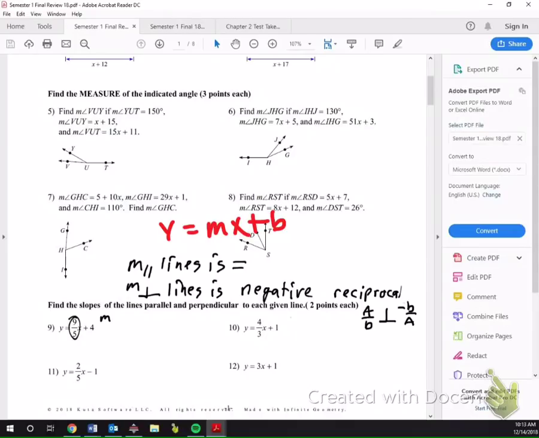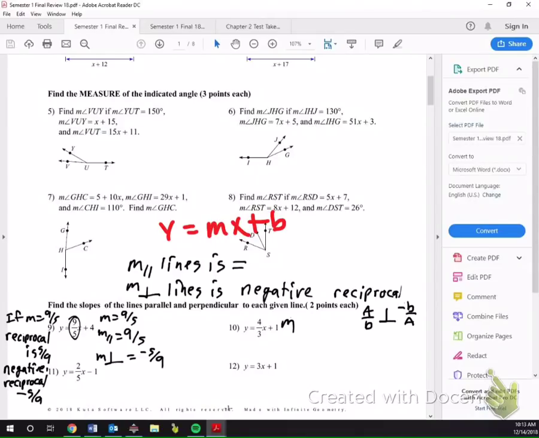So, number 9, our slope is 9/5. That means the parallel slope is the same, 9/5. Perpendicular slope, negative 5/9. And again, how we got that: if the slope is 9/5, the reciprocal would be 5/9, and the negative reciprocal would be negative 5/9.